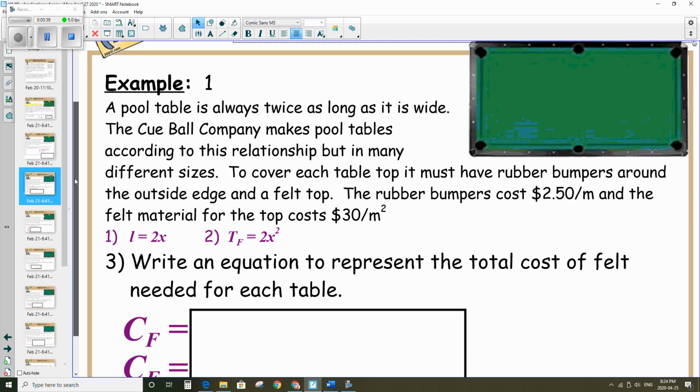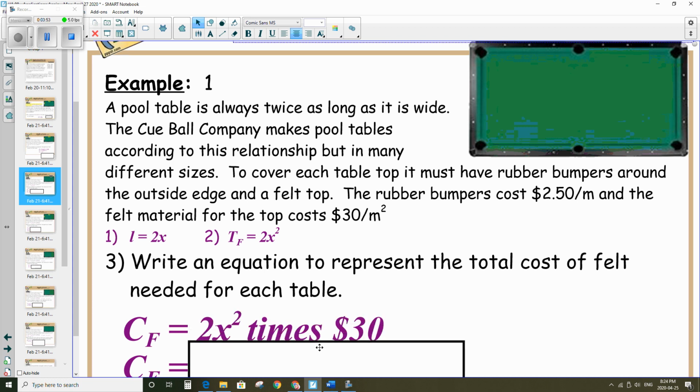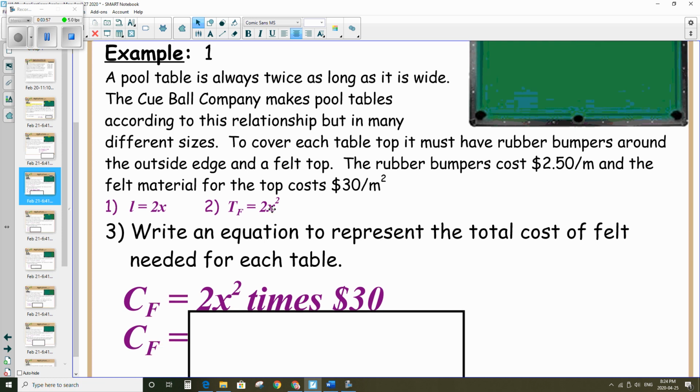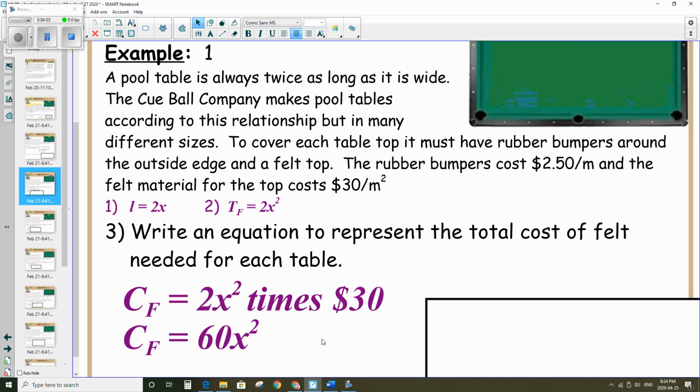Part 3, write an equation to represent the total cost of the felt for each table. The cost for the felt is $30 per square meter, and we said our equation for the area is 2x squared. So the cost is 2x squared times 30, which is 60x squared.